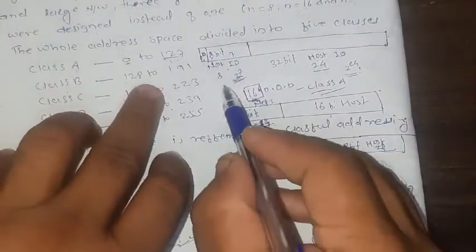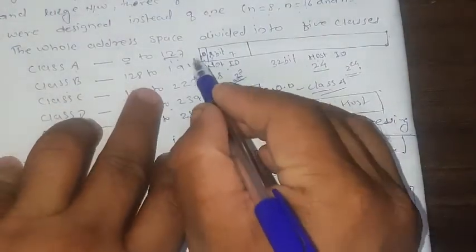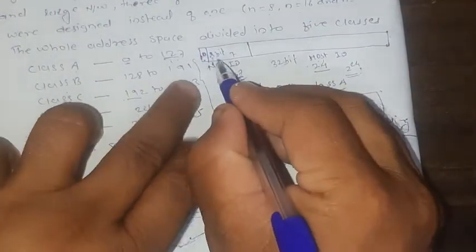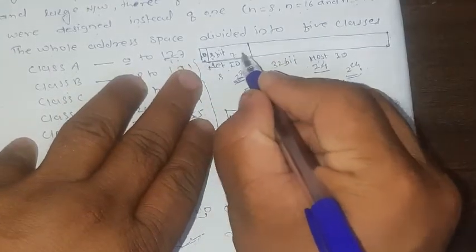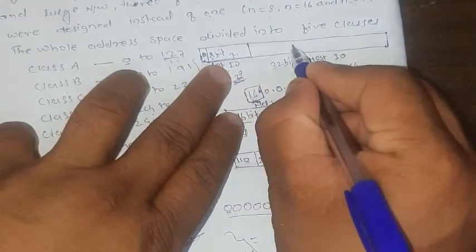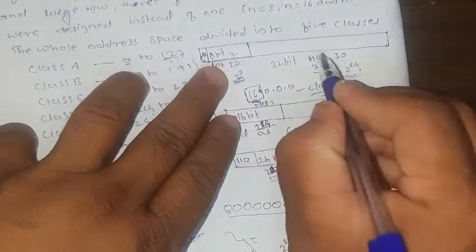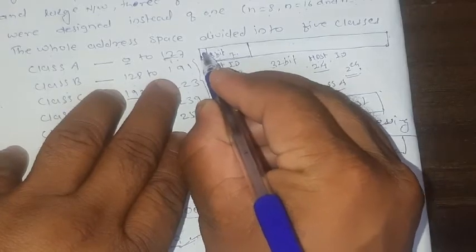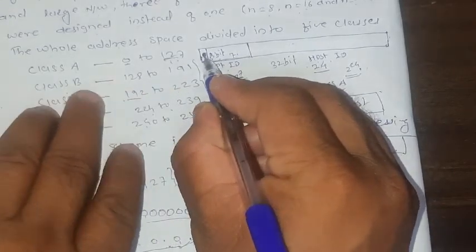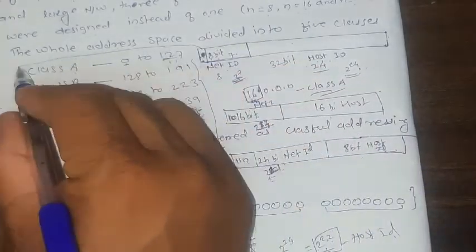Okay, so once again I am repeating this part, because some confusion is there. Please make it clear. In a class A IP address, the first 8 bits are for net ID and the rest of the 24 bits for host ID. In the first 8 bits, the first bit 0 is reserved, which indicates the class of the IP address.